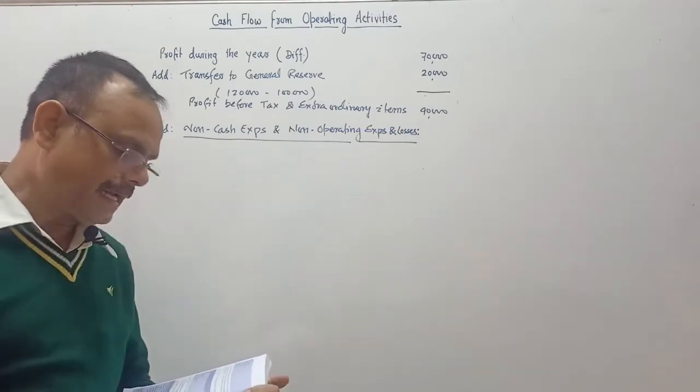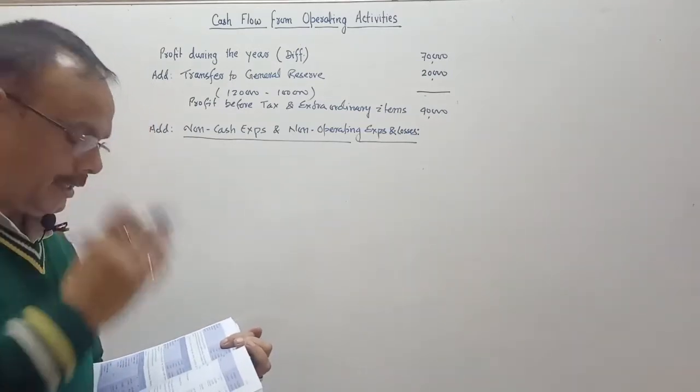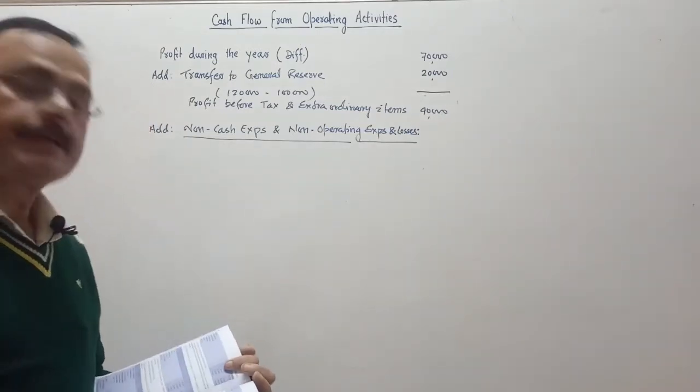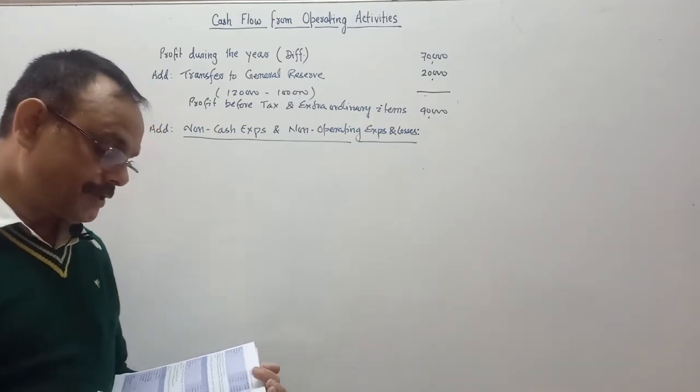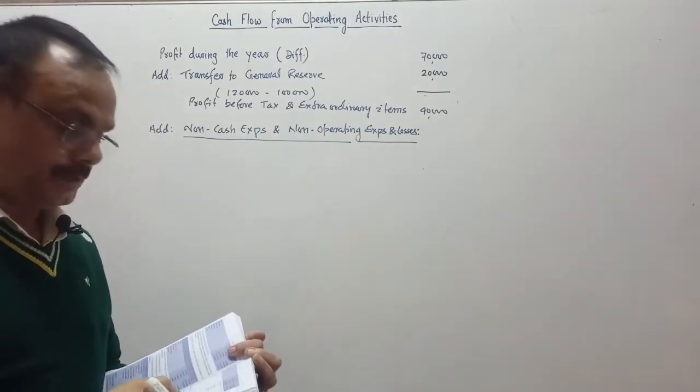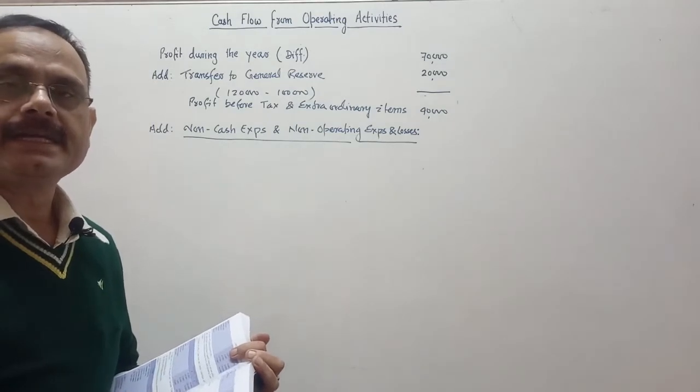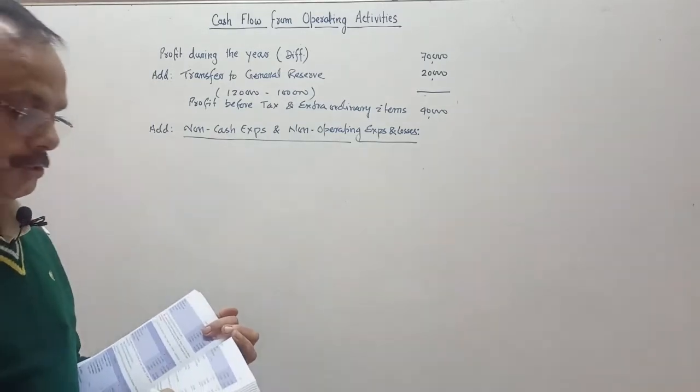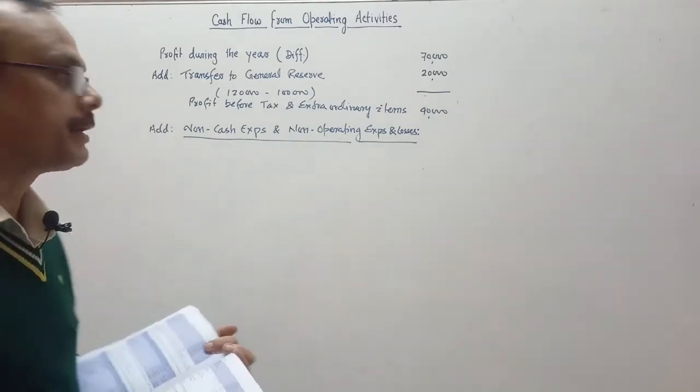So here the non-cash expenses is your depreciation. Note number 3, you see provision for depreciation last year was 1,10,000 and this year it is 1,50,000. So depreciation is increased by 40,000.